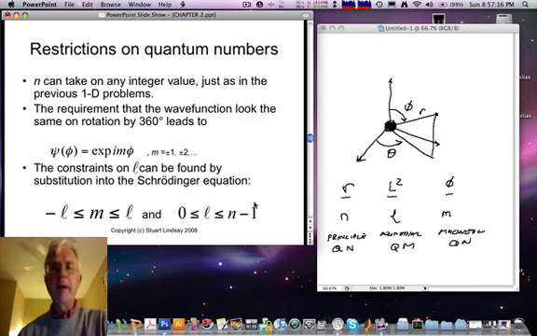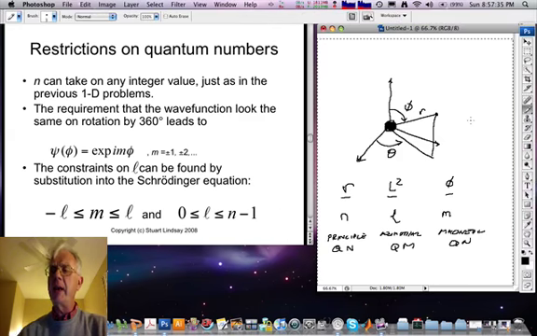Now, n, just like in the one-dimensional problem, can take on integer values, and indeed it has an exact analogy to the particle-in-a-box solution. Phi is associated with eigenstates of the z angular momentum, and these are given by e to the i m phi.